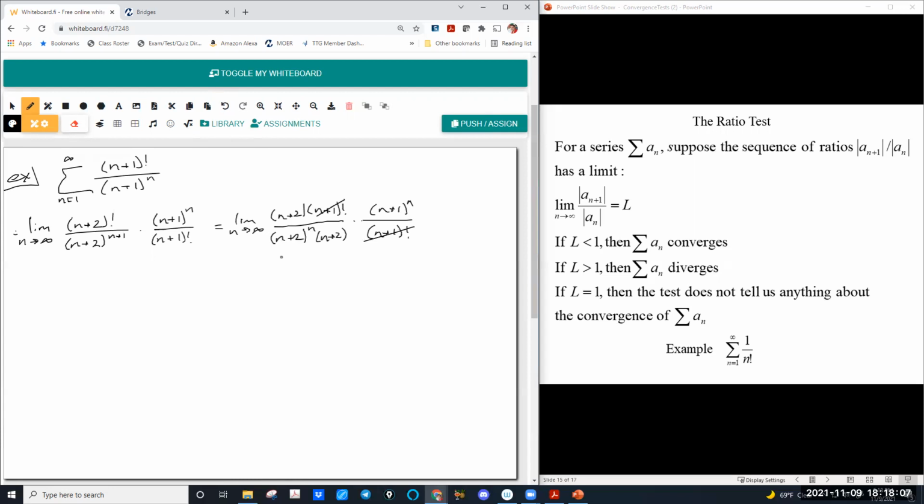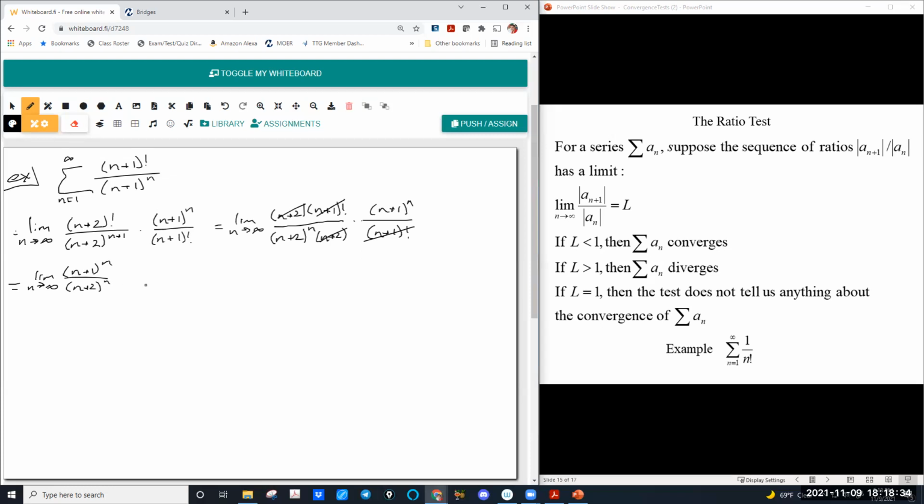This is the fun part. Once we set up our cancels, we get to do a whole bunch of crossing out. Now here's where this one gets really interesting. So here's where we're at. We've got limit as n goes to infinity of n plus 1 to the n over n plus 2 to the n.